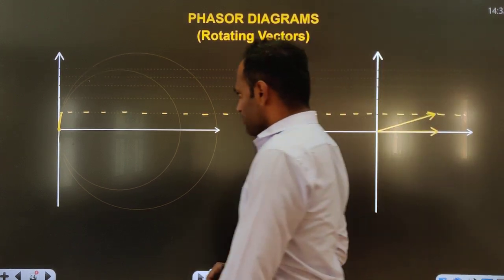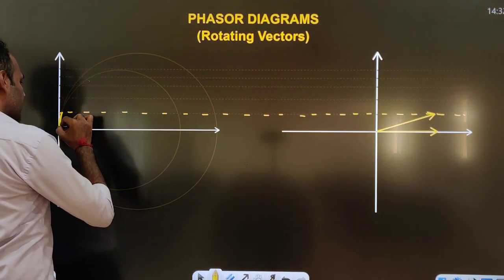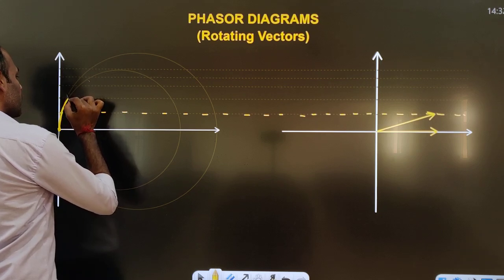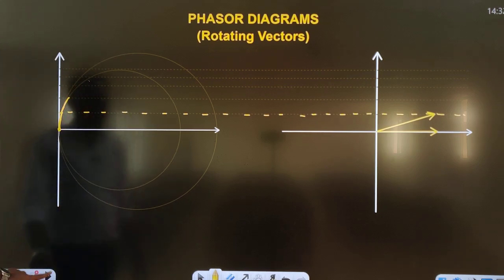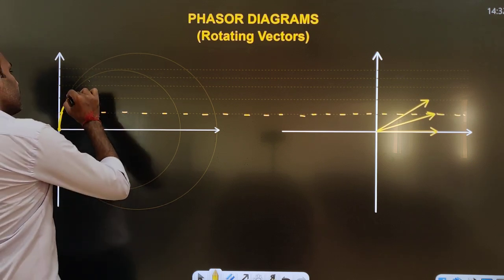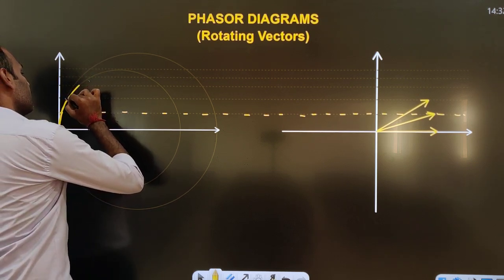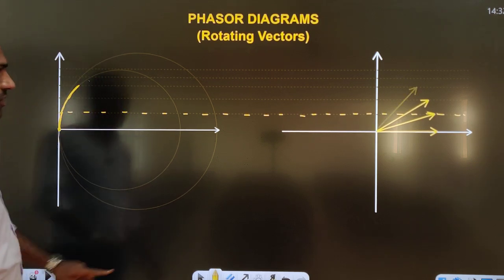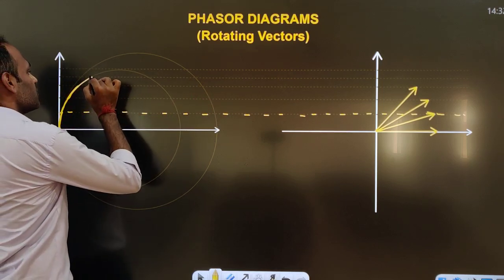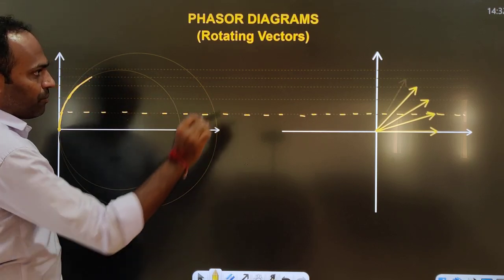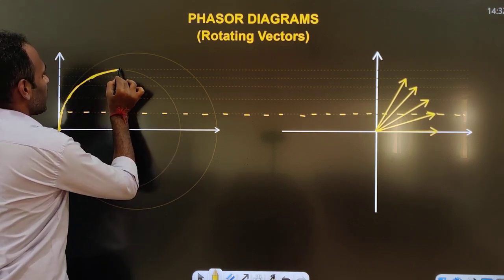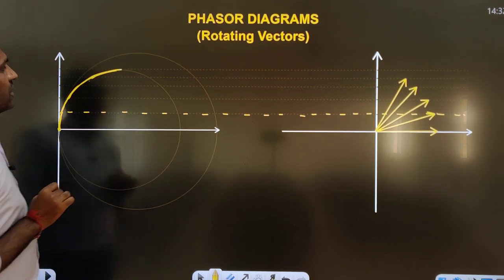Okay, next, as this AC cycle goes on growing, suppose it has come over here, then the vector will again rotate and come up. If it has come up till this point, then again the vector will get rotated. As the cycle comes to this point, again the vector will come up. So now the cycle will reach the peak of its half cycle.